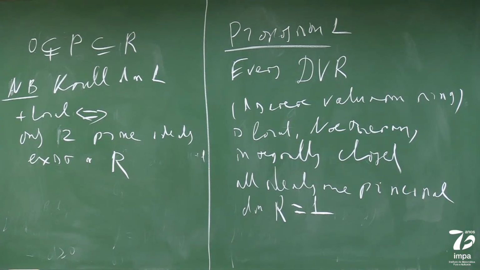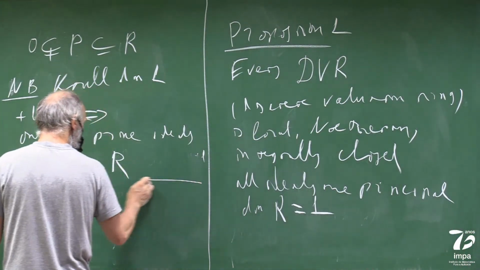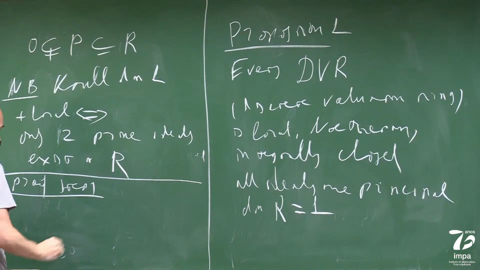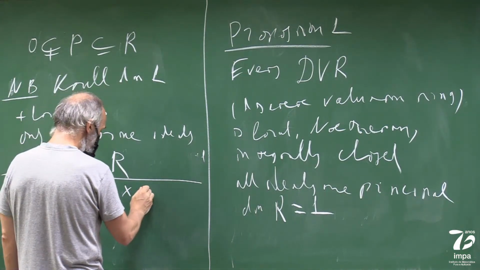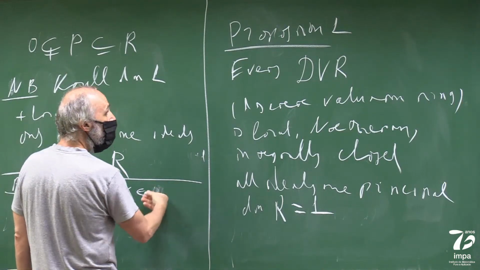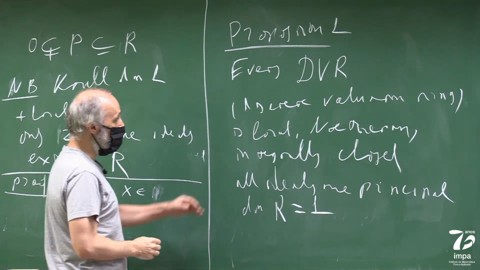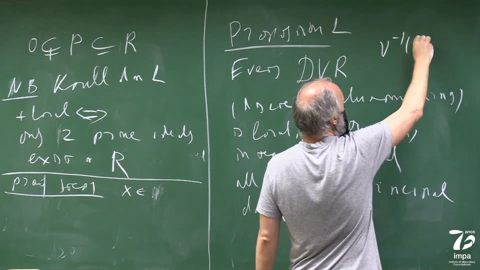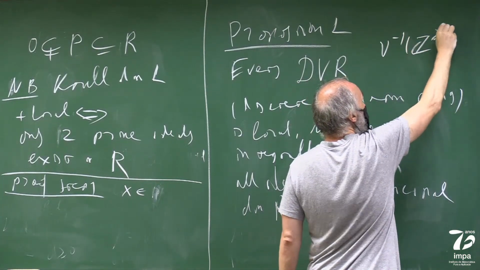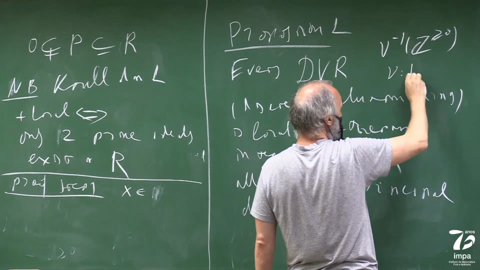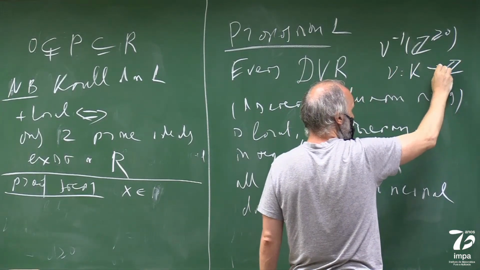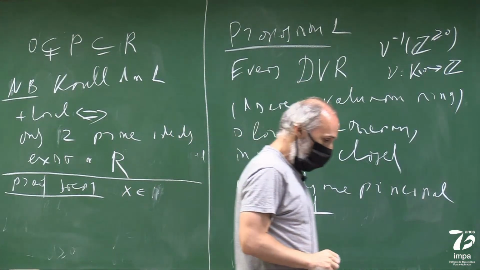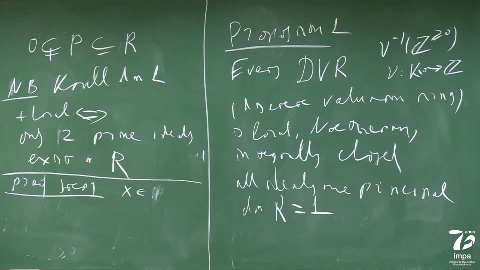So let's prove it. Proof. Step 1. So this is a DVR, so R is nu minus 1 of the non-negative integers, where nu is a surjective map from K without 0 to Z. It's our valuation. So what is nu of 0? You can actually define it to be infinity.